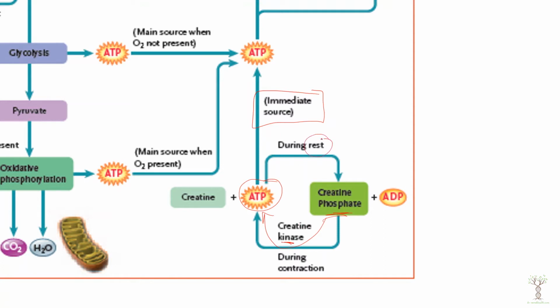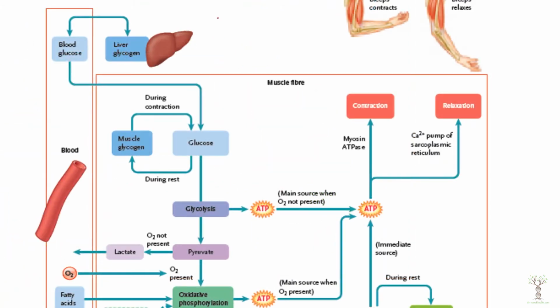When we are resting, we can recycle the creatine, and we can add that phosphate back. So during little rest periods, we can recycle it. So during the initial first few seconds of an exercise, especially high intensity or speed or strength exercises, you will use creatine phosphate.